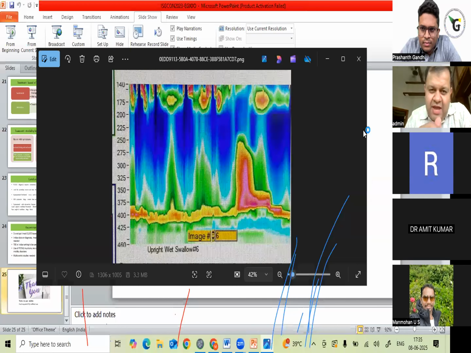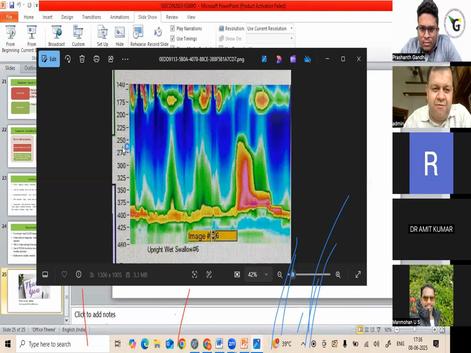What we can see in this one wet swallow that has been given to us is that the EGJ is not relaxing properly. That is one important finding. Then, after the swallow has been initiated, there is a simultaneous contraction of a large, long length of the esophagus, starting from, say, 26 centimeters down to 37, 38 centimeters.